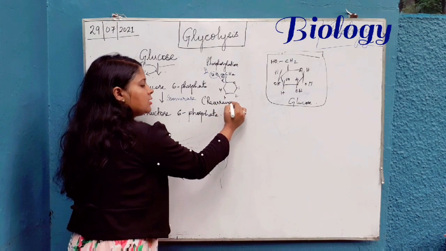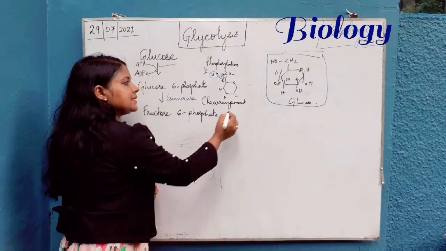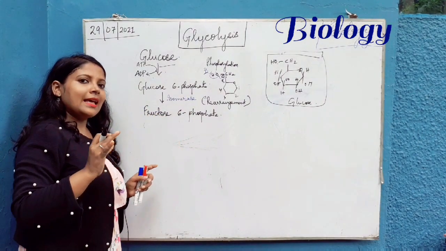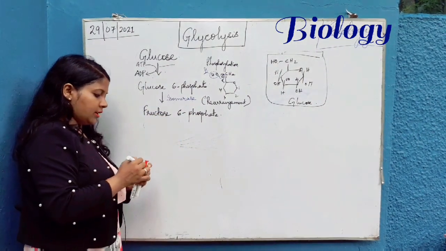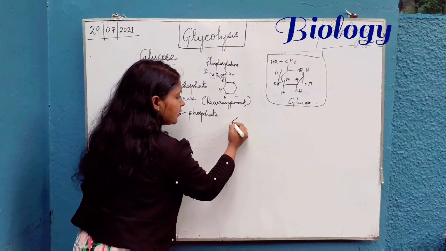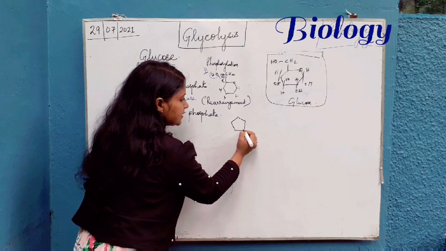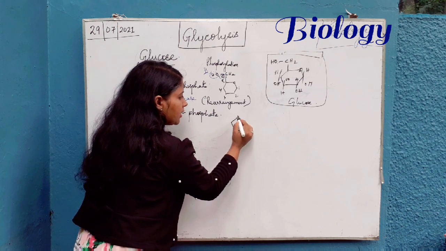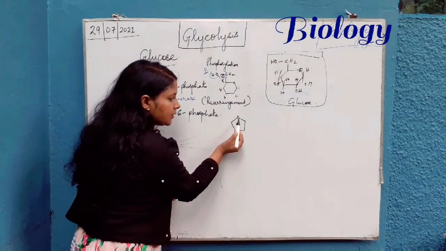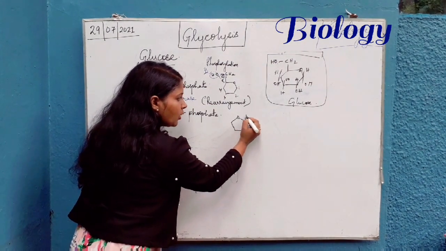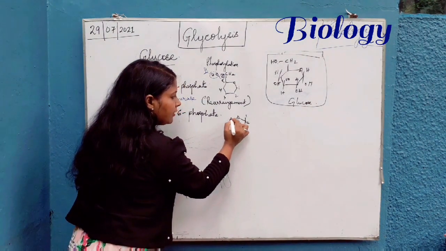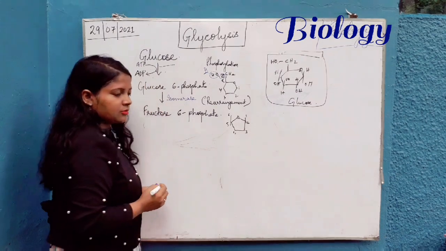They have the same chemical formula, but the stereochemical arrangement of atoms will be different. Because in the fructose you will see a pentagon, here a hexagon, here a pentagon. So oxygen here, then here 1 carbon atom, 2, then 3, 4, then 5, then 6 here.